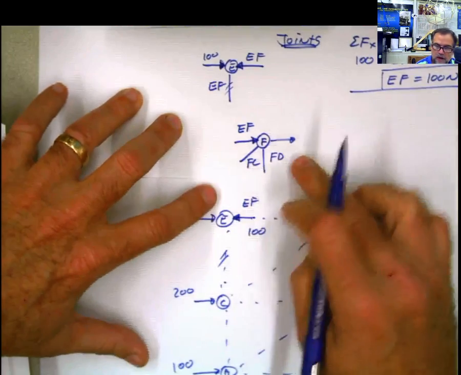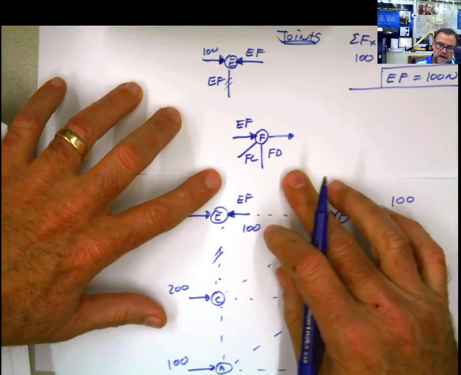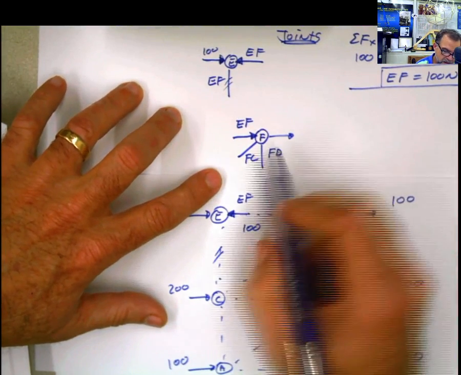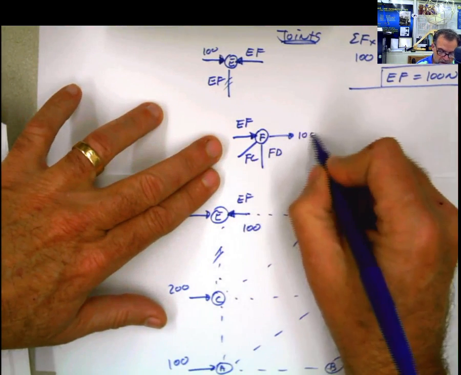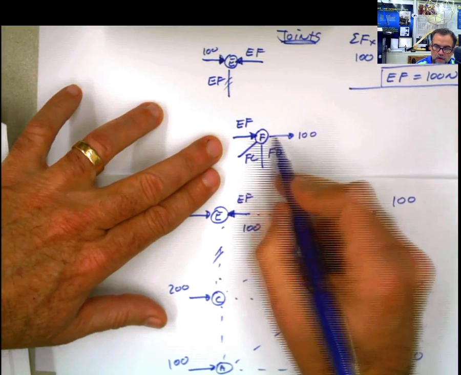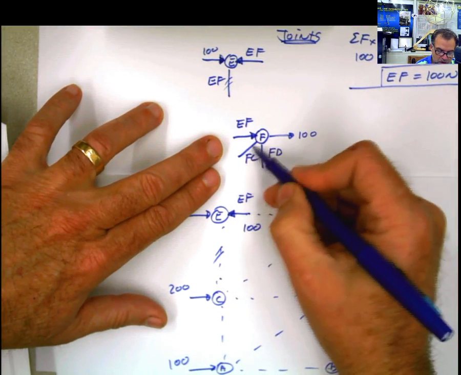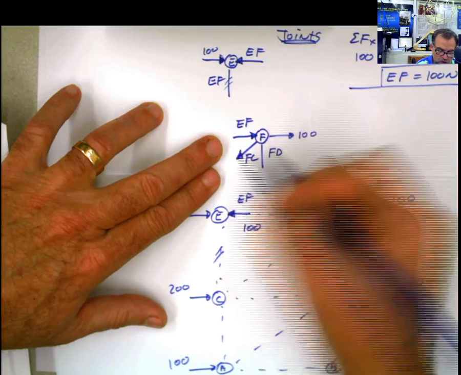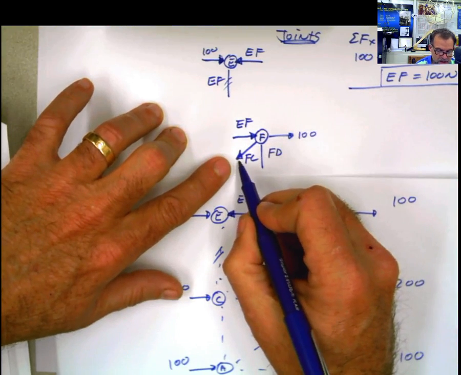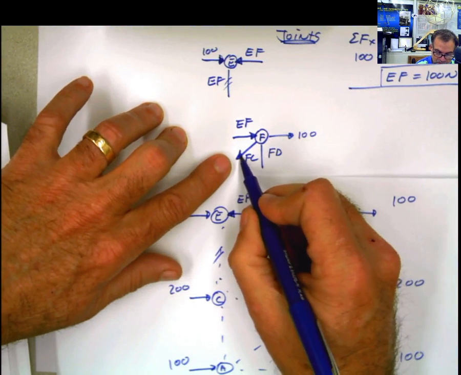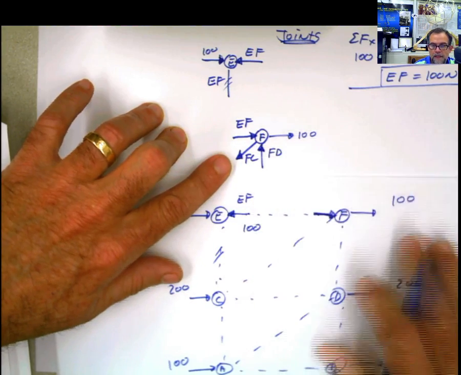Now, if you do a quick analysis, you can see immediately that these 2 forces go to the right, and the only thing that can oppose those 2 forces is this. So the horizontal component of this force should go to the left, and that only happens when this force points in this direction. And now if you see that this is pointing down, the only thing that can cancel is this one pointing up.